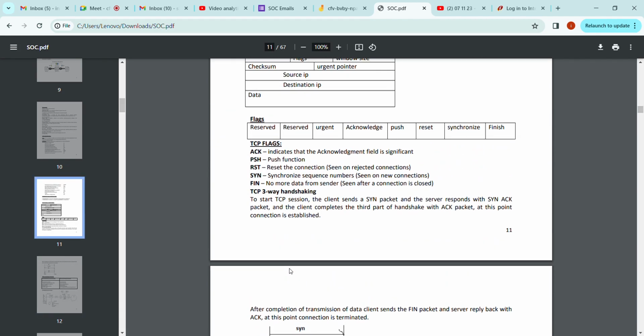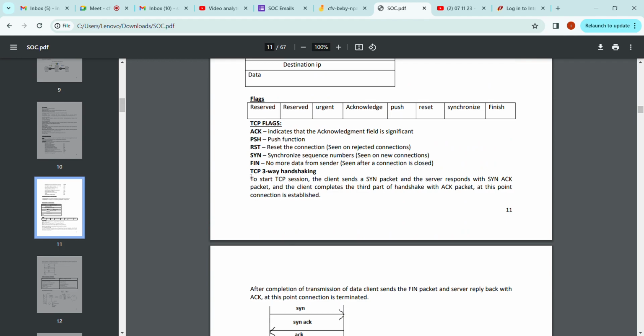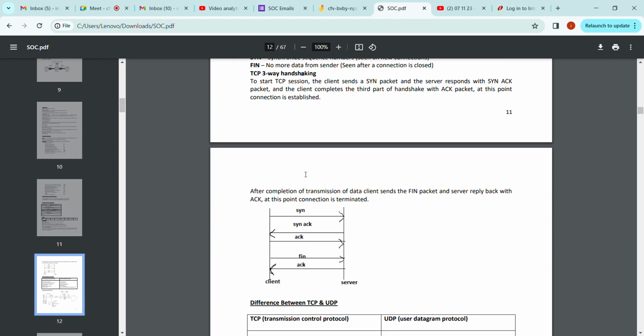Understood? Any doubt in terms of understanding this three-way handshake? Because this is a very important topic when it comes to attacks on the transport layer, especially injection attempts, DDoS attempts, or DoS attempts, cross scripting attempts.